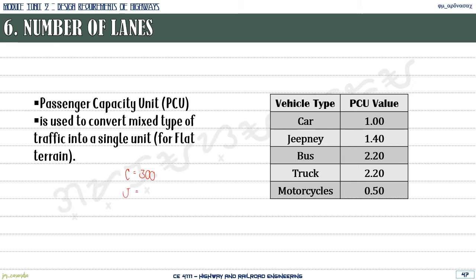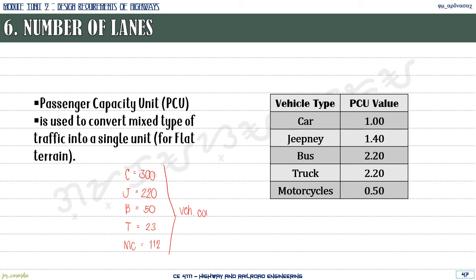For jeepneys, let's say we have 220. For buses, let's say there were 50 counted. Trucks at, say, 23. And for motorcycles, let's say we have 12 traversing.